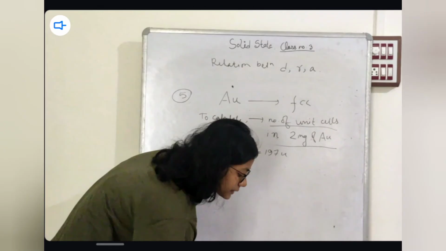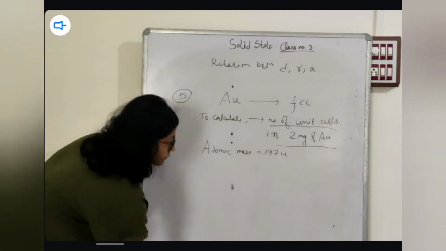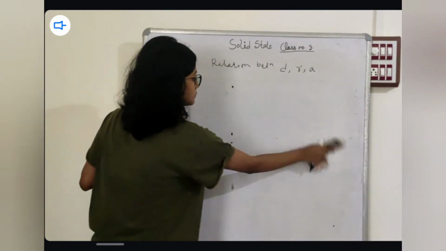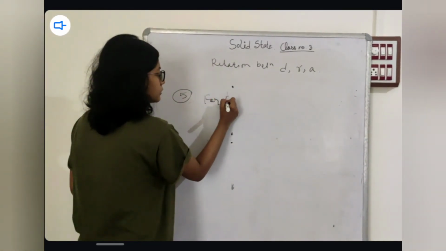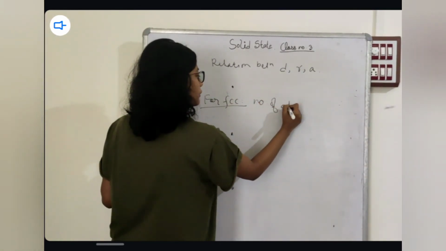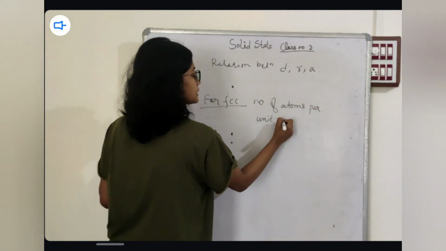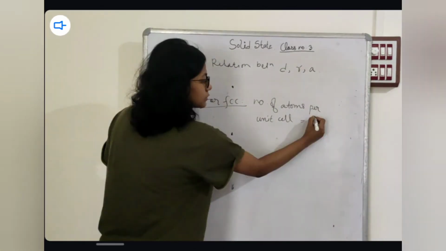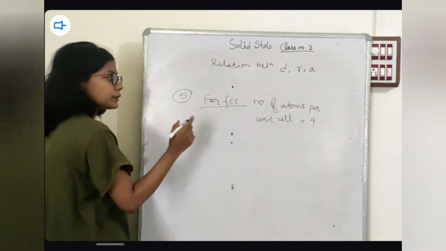So how will you calculate it? So this is given. Now we know that for face-centered cubic cell, number of atoms per unit cell is how much for FCC? It is 4. For FCC, number of atoms per unit cell is 4.